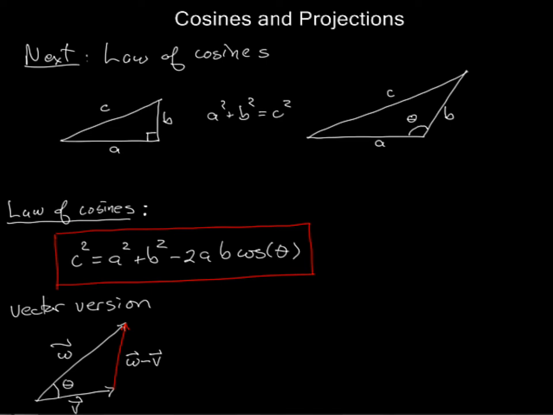And if we focus on this angle theta between v and w, the law becomes the length of the opposite side, w minus v squared, is the length of the two adjacent sides, v squared plus w squared, minus 2 length of v, length of w, times cosine of theta.